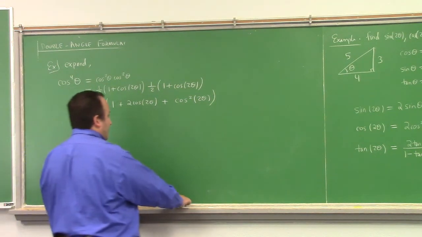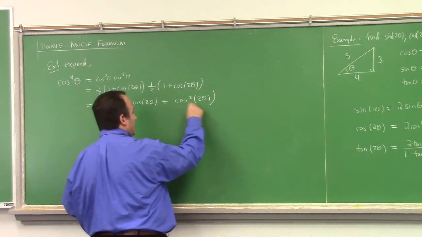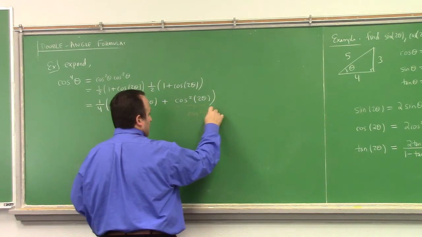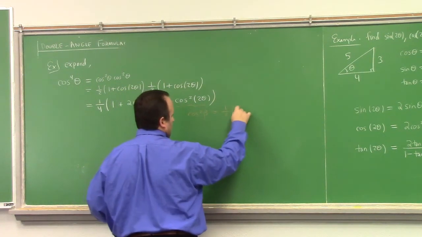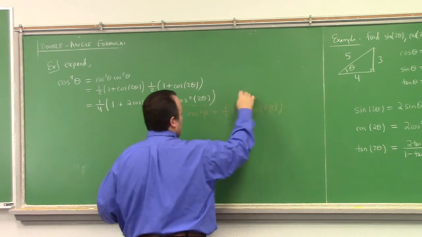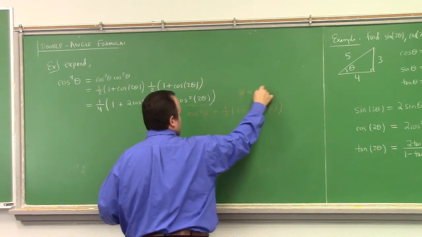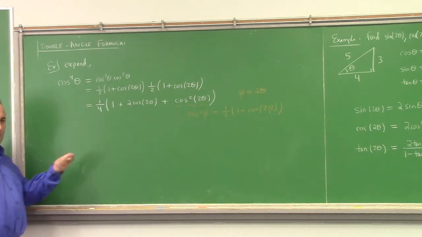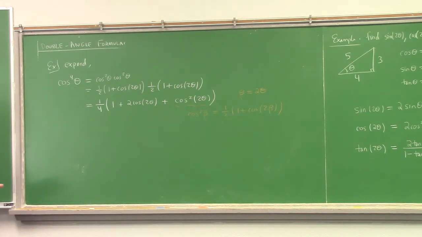And I'll use another letter just to try to emphasize what's going on here. We can look at this as cosine squared beta, which is 1/2 (1 plus cosine of 2 beta), right? But here beta is 2 theta. So what does that mean? Well, 2 beta is going to give us 2 times 2 theta, which is 4 theta.